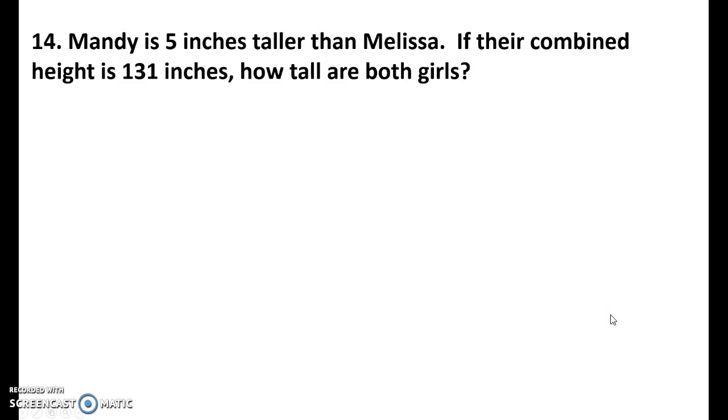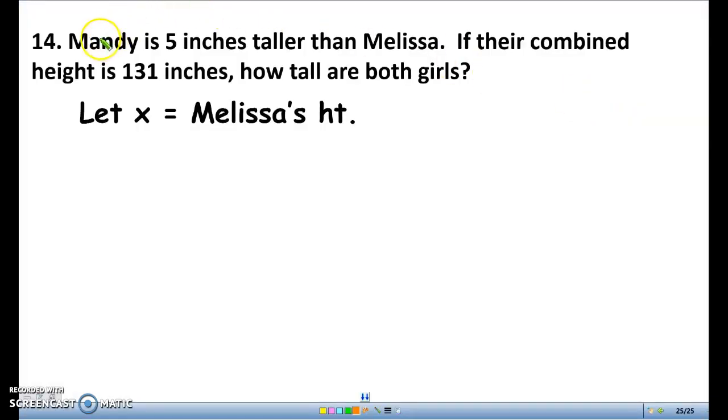Okay, number 14 says Mandy is 5 inches taller than Melissa. If their combined height is 131, how tall are both girls? All right, well, the thing that I don't know, I need to set a variable equal to one or the other's heights. And in this problem, it's referencing Mandy's height in terms of Melissa.